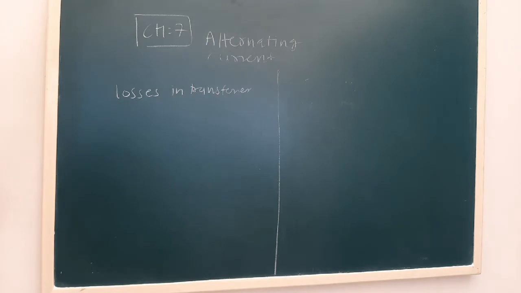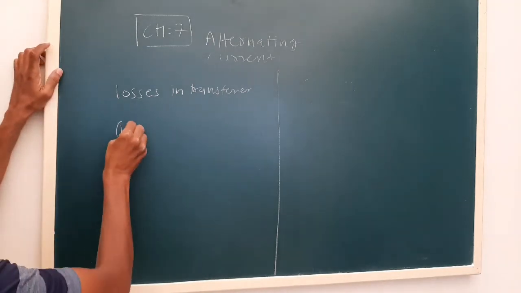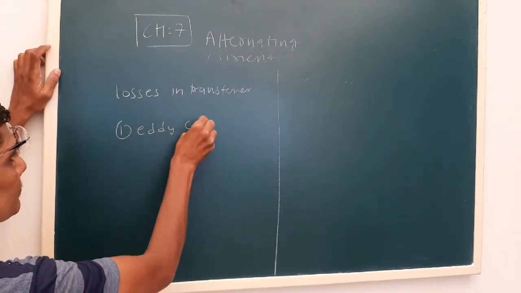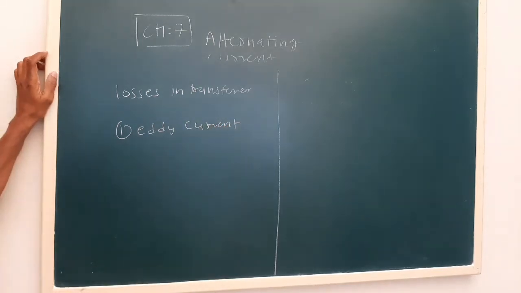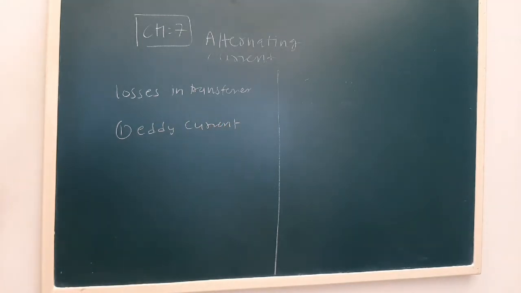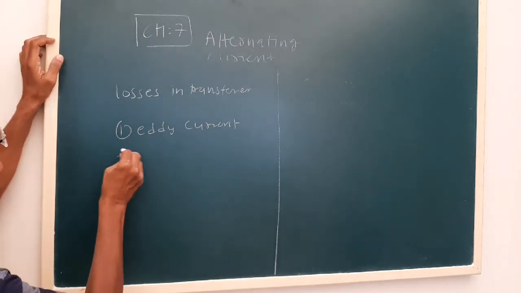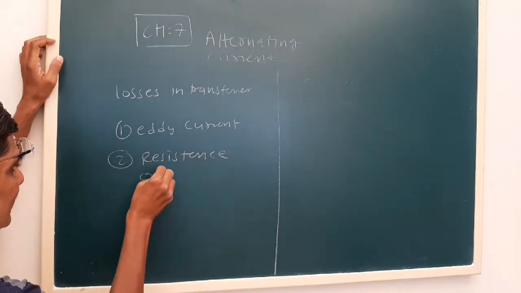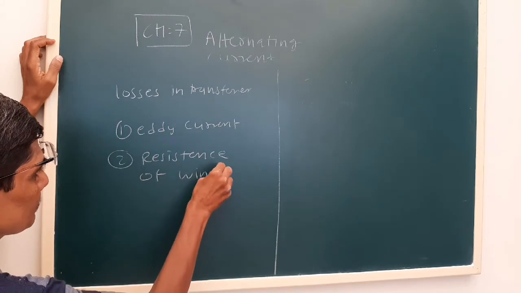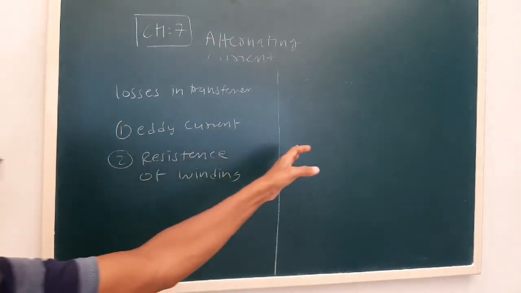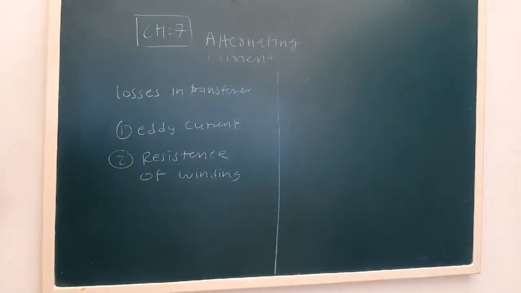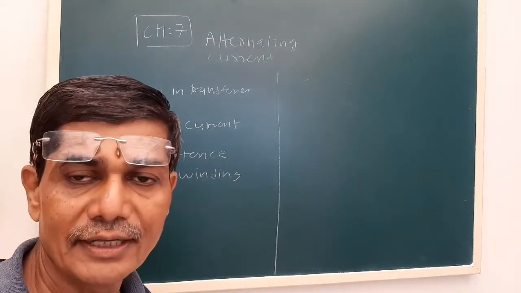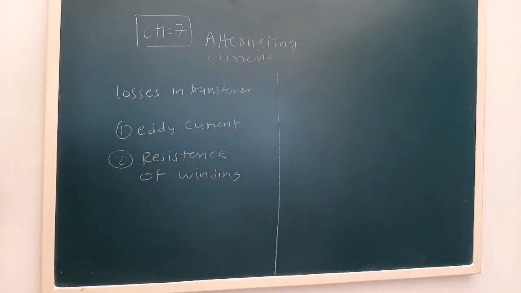Now see, the first loss in the transformer is due to eddy current. Second, due to the resistance of the winding. When we derive the equation, we assume that the winding resistance is 0, so we can derive the equation very easily.